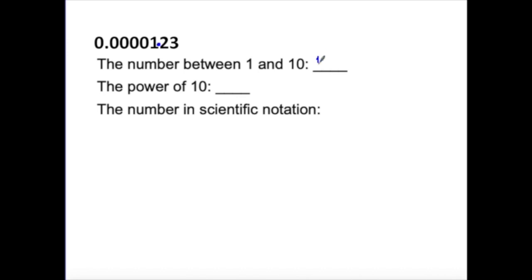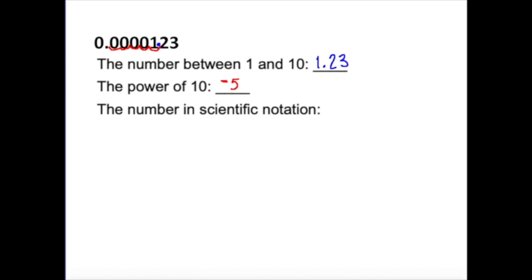So now let's count and see how many decimal places we had to move it. 1, 2, 3, 4, and 5. I moved it 5 decimal places. Now remember, since we're going backwards, the power of 10 is negative.